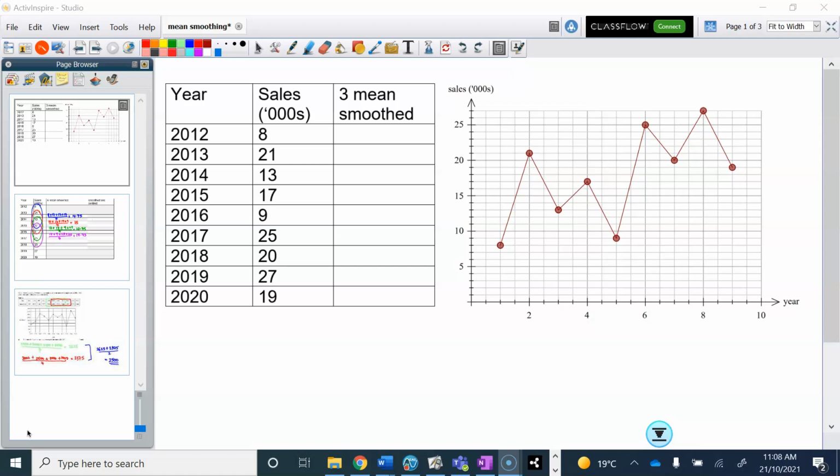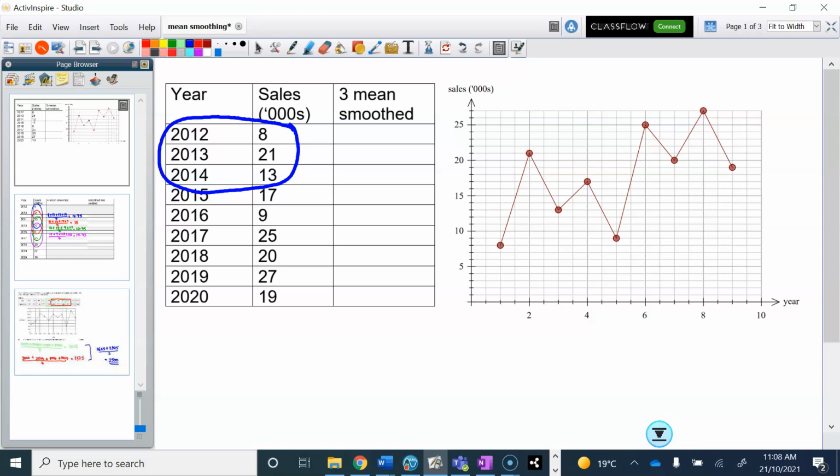All that would mean was if we were looking at, for example, the first 3 years together, the middle point there would relate to the year 2013. So we're looking for 2012, 13, 14. The middle year is 2013, and the mean data would relate to 2013, the mean of those 3 points.